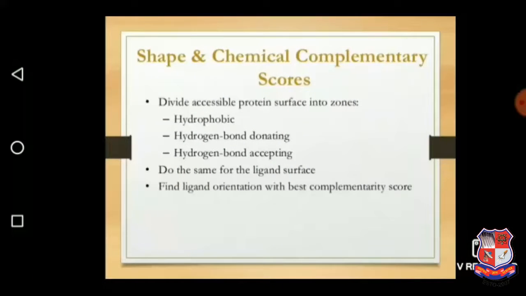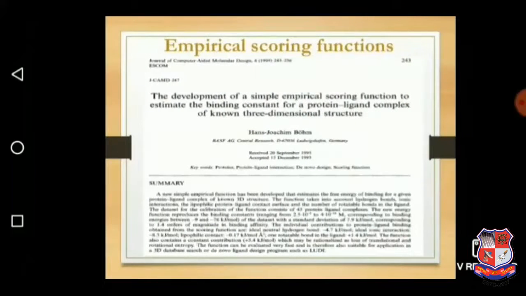Shape and chemical complementary scores divide the accessible protein surface into zones like hydrophobic, hydrogen bond donating, and hydrogen bond accepting. Do the same for the ligand surface. Find the ligand orientation with best complementary scores. So these are the general requirements of how the shape and chemical complementarity affects the score.